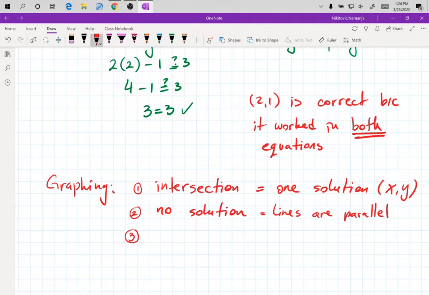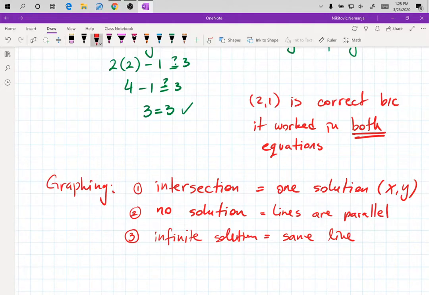And number 3, infinite solution, which is same line. Because when 2 lines are the same line, they intersect at every point. That's infinitely many points. So therefore, infinitely many solutions.